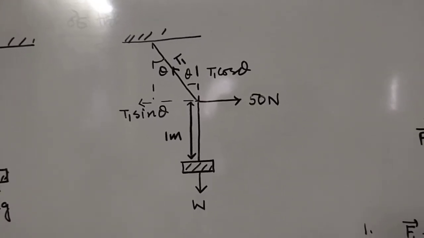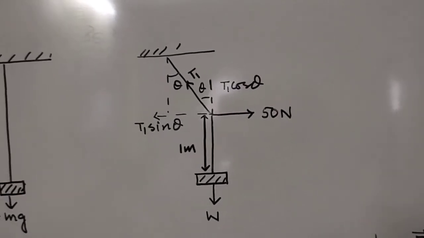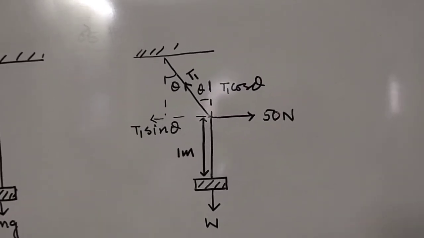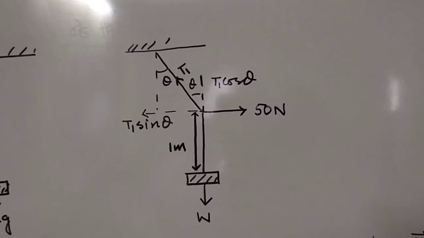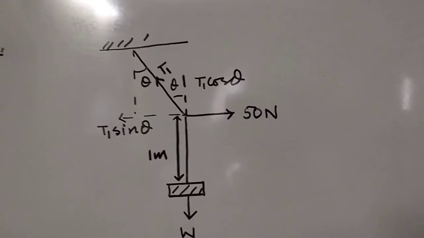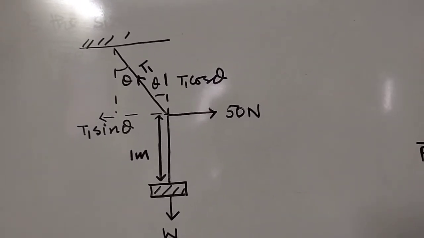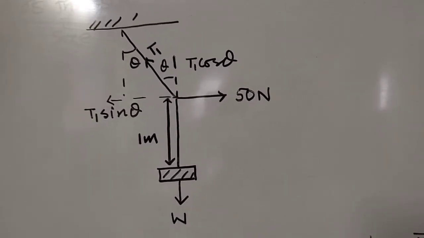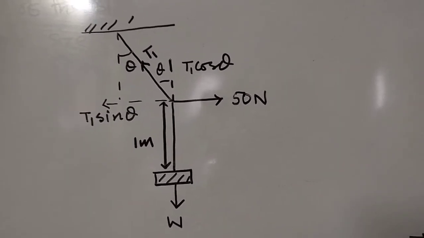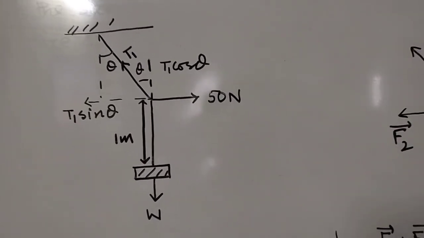So if theta be the angle made by the rope with the vertical from the support, then definitely theta is the angle with the dotted part, because it's an alternate angle. Now if T1 be the tension, then it has its components T1 cos theta and T1 sin theta, and weight acts vertically downward.